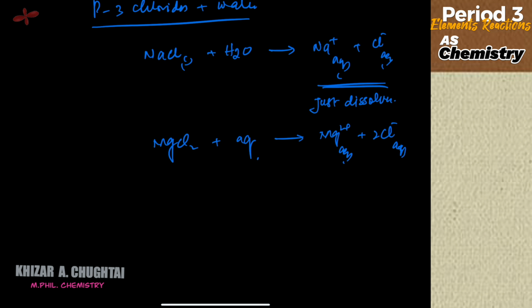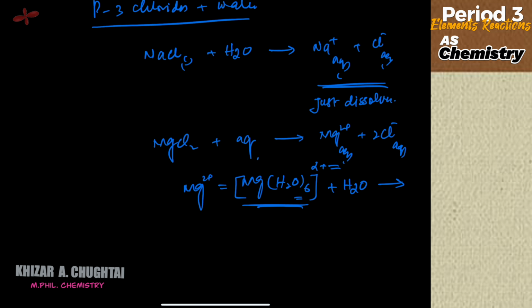In the next step, this magnesium aqueous 2 positive ion is equal to [Mg(H2O)6] 2 positive. This is a complex ion, and it further reacts with the water. This complex ion reacts with the water, and it loses hydrogen from this water ligand. So it is going to produce H positive ion, dissociating into the water, making H3O positive ion or H positive ion.